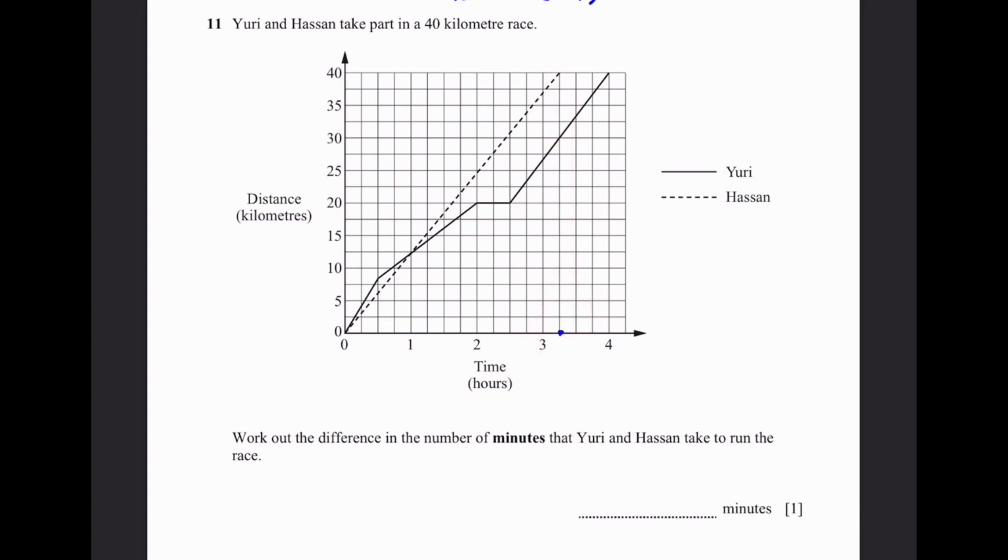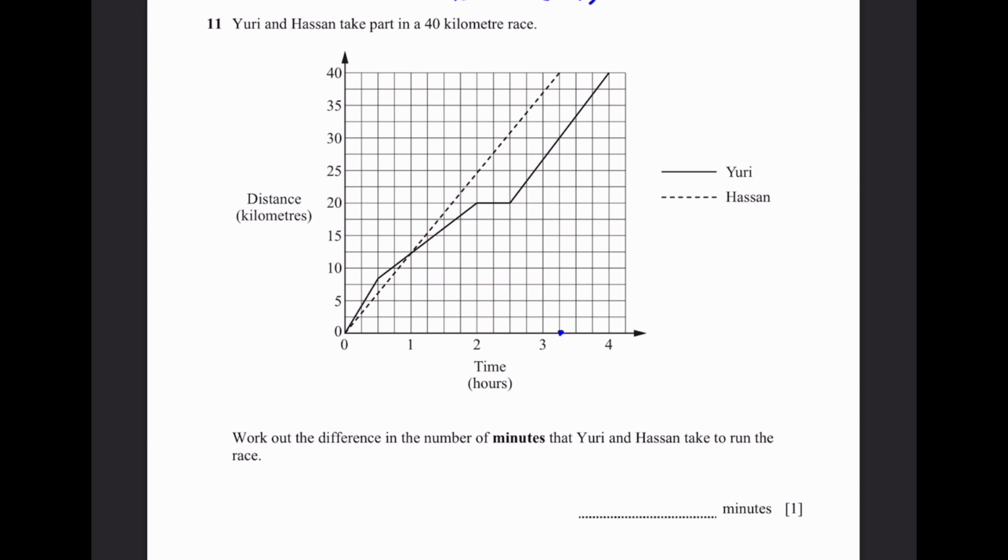Right there. Between 3 and 4, there are 4 gaps. If 4 gaps become 60 minutes, that's 1 hour, that means 1 gap is 60 by 4, which is 15 minutes. So we add 15 minutes to 3 hours. We have 3 hours, 15 minutes.